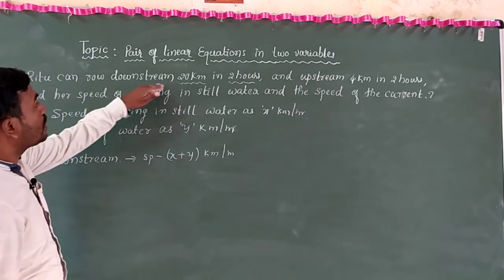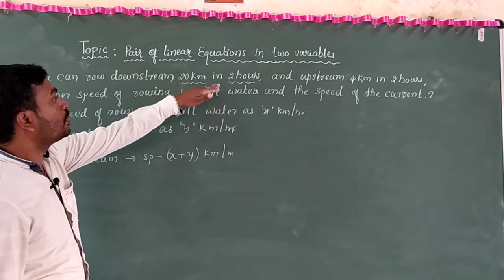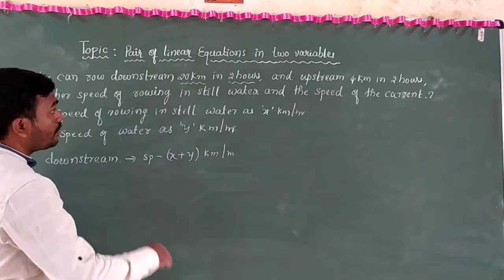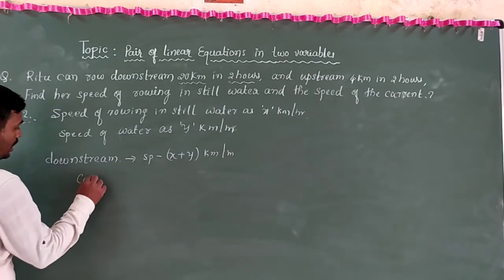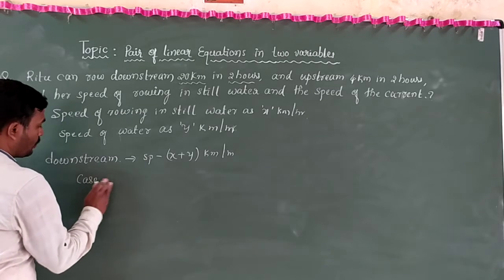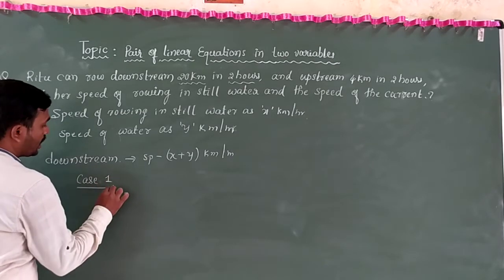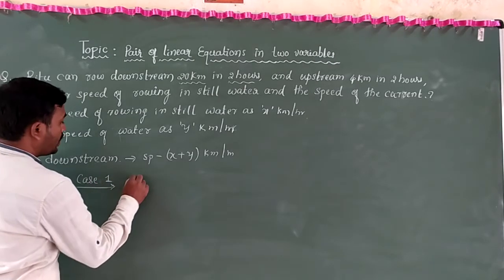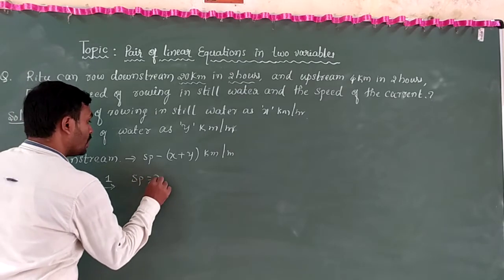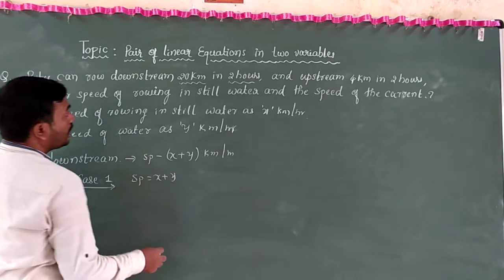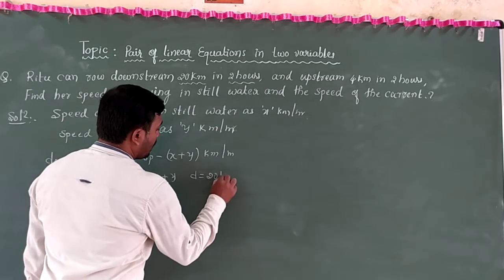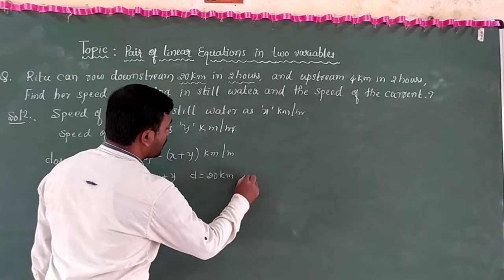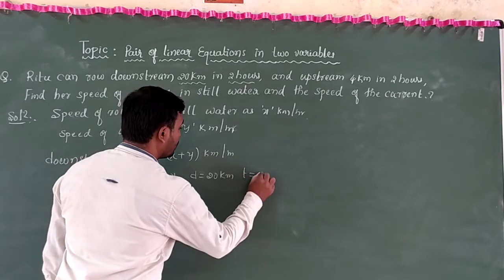Here Ritu can row downstream 20 km in 2 hours. So we know the formula to calculate. Let us take this one as case 1. In case 1, speed is x plus y, the distance is 20 km, and time is given 2 hours.